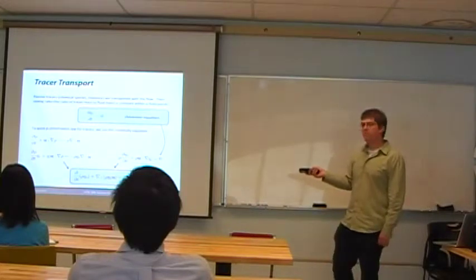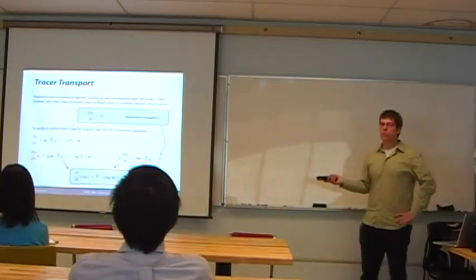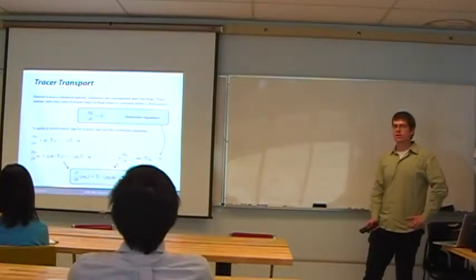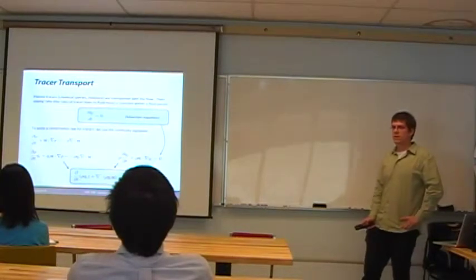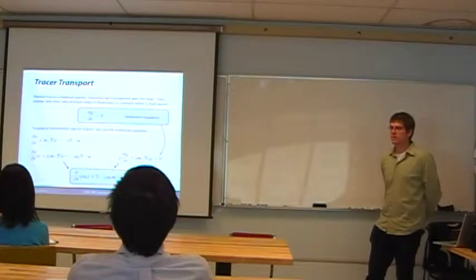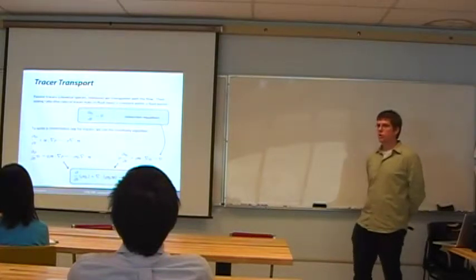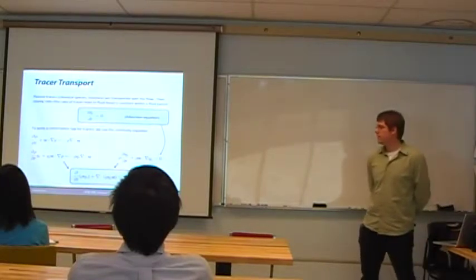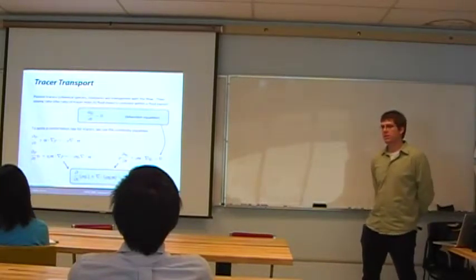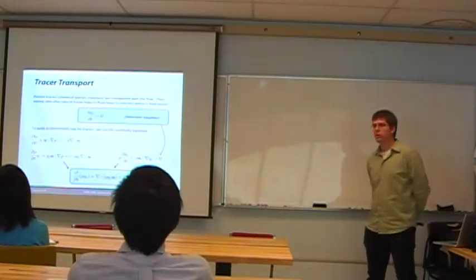So what would be the physical interpretation of rho times qi? So rho is a dry air density, or fluid parcel density. So what is rho times qi?